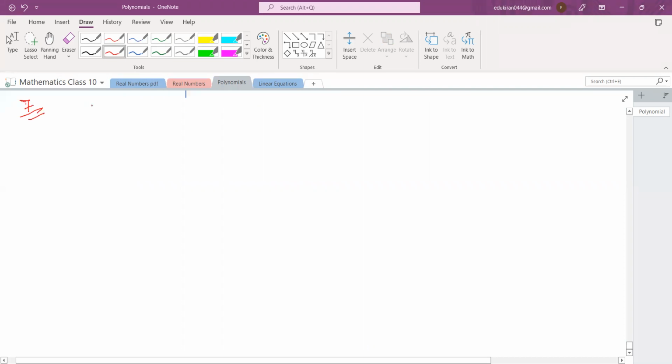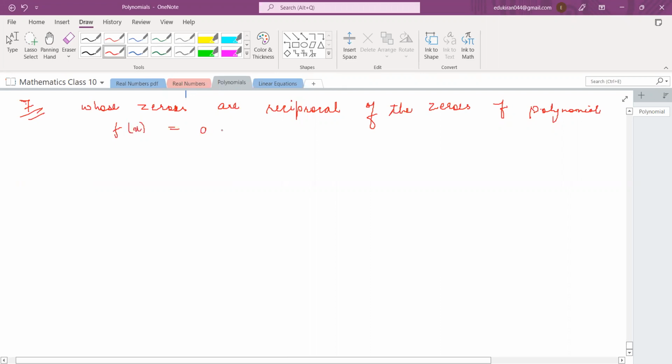Write down: find the quadratic polynomial whose zeros are reciprocal of the zeros of the polynomial f(x) is equal to ax square plus bx plus c, where obviously a is not equal to 0 and b is also not equal to 0.